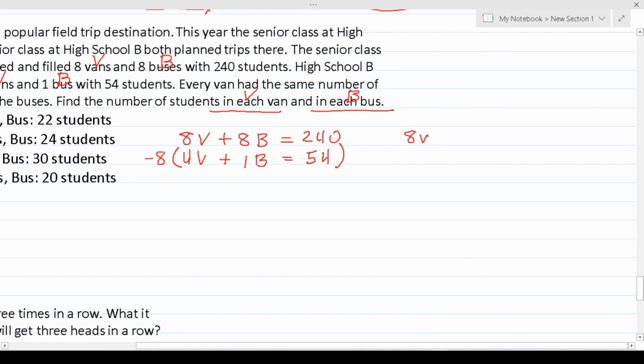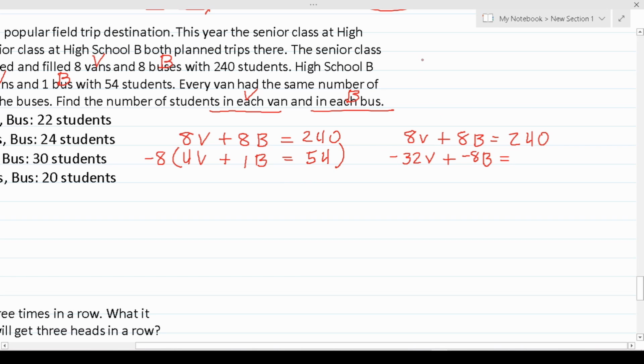This is 8v plus 8b equals 240. And as I said, we're going to multiply everything in this second equation by a constant of -8 to get rid of this 8b here. So that's going to be -8 times 4v, which is -32v, plus -8 times 1b, which is going to be -8b, equals -8 times 54.